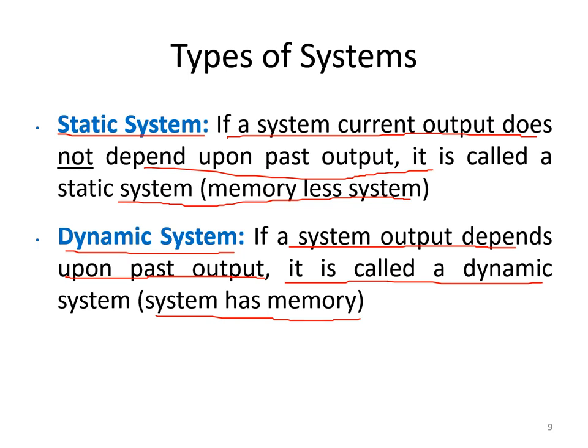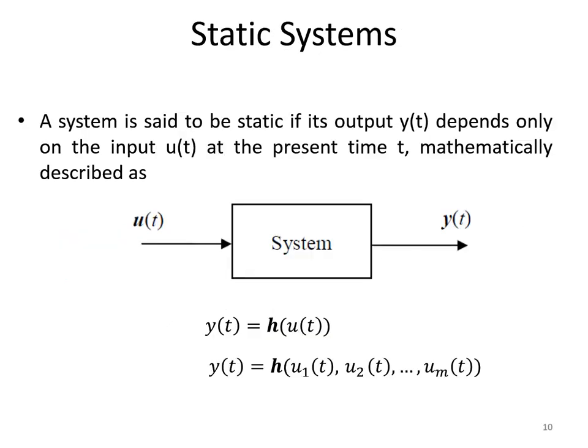Very often we will talk about the order of the system, which is basically derived from the number of memory elements in the dynamic system. Schematically, one can define a static system as a system in which the output depends only on the current input, or the input at the present time.